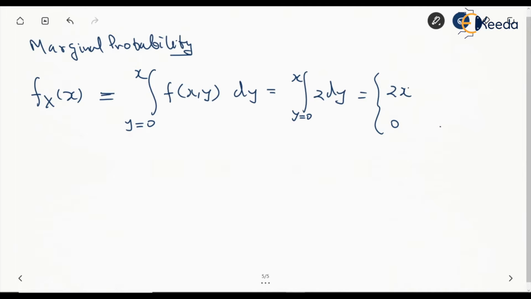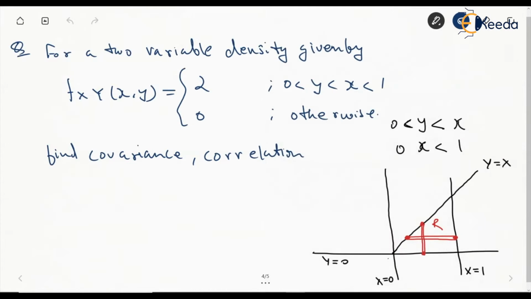Now obviously we have considered the limit of y. What is the limit of x? When you are taking the vertical element, x has a limit from x equal to 0 to x equal to 1.